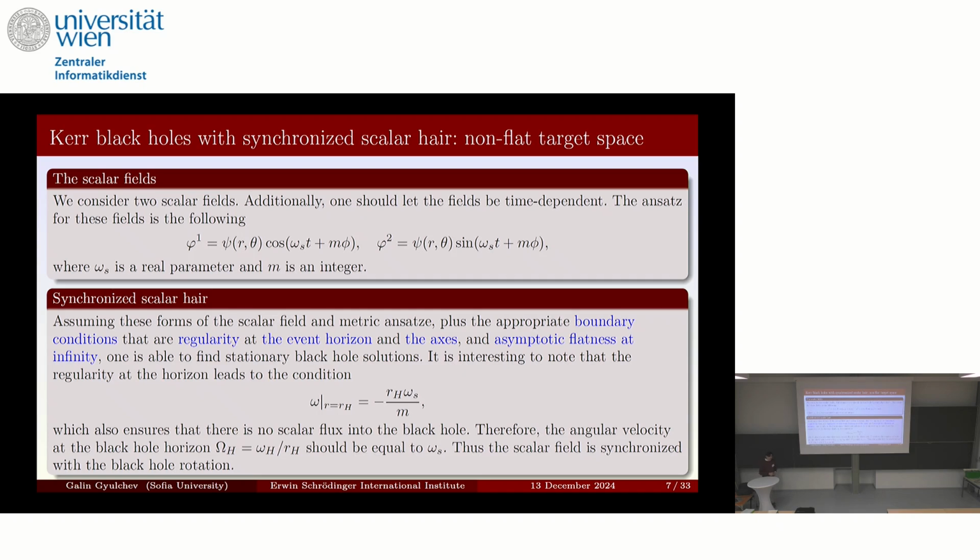Another interesting thing is that the scalar fields are synchronized with the circular velocity of the horizon, which means that the frequency of the oscillation is equal exactly to the circular rotation of the horizon.